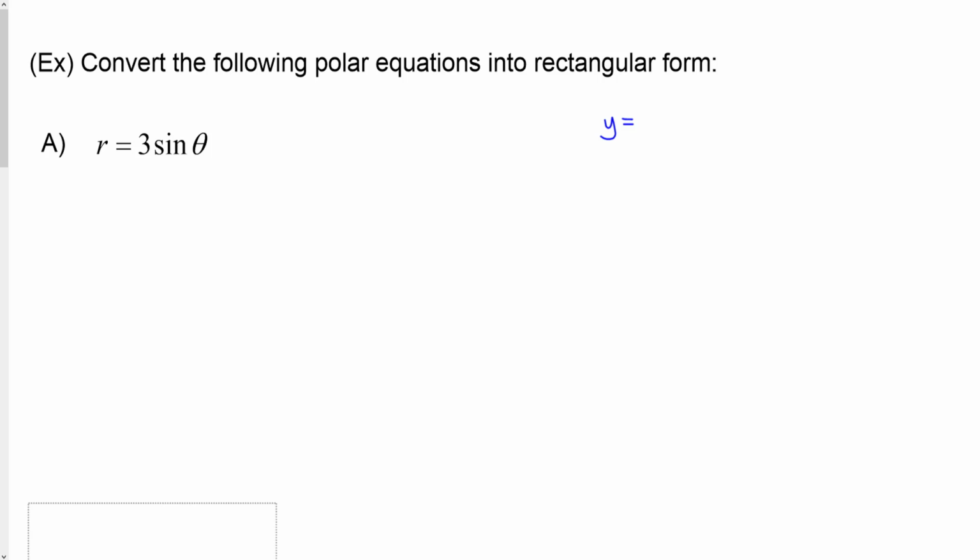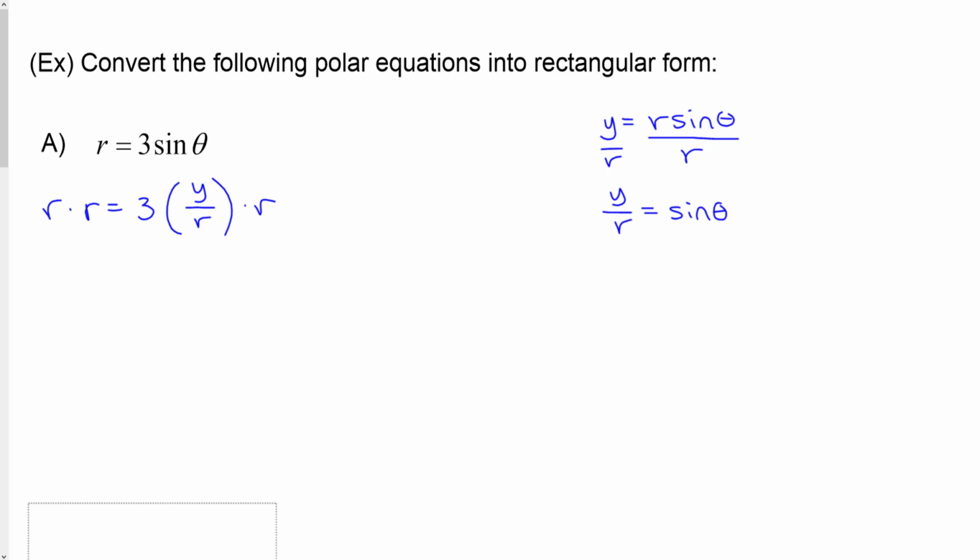Since we know that y is r sine theta, we could divide both sides of this equation by r and say y over r is just sine theta. So I could make this r equals 3 times y over r. Now if I multiply both sides of the equation by r, I get r squared equals 3y, and then r squared can be changed into x squared plus y squared.